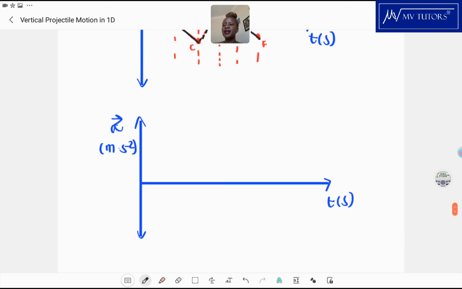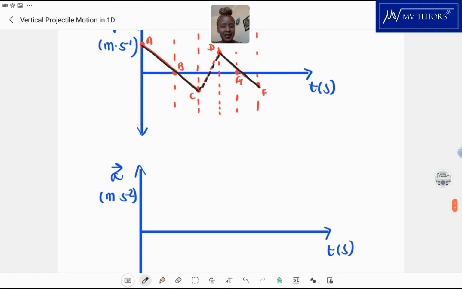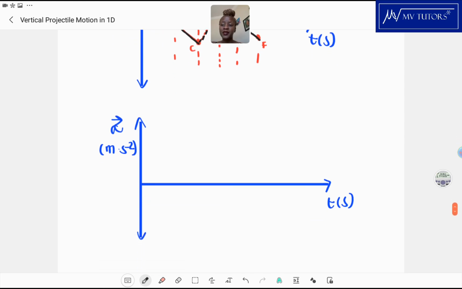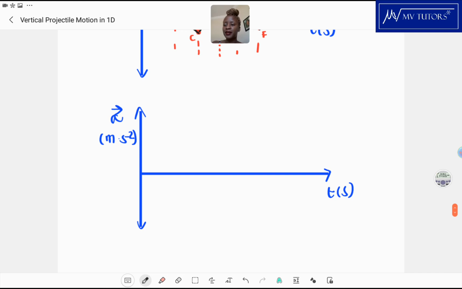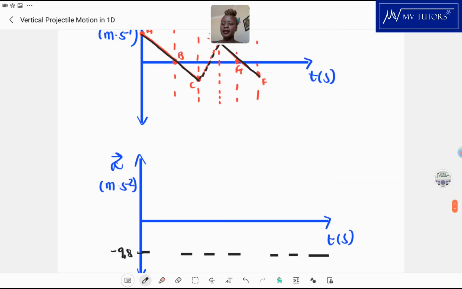All right. And then for acceleration, so we know that in the vertical direction you have a constant acceleration, right? Gravitational acceleration, which is acting downwards. Since we chose upwards as positive, it means we're gonna have our negative. Okay, so I'm just gonna draw dotted lines here before I draw my actual graph.